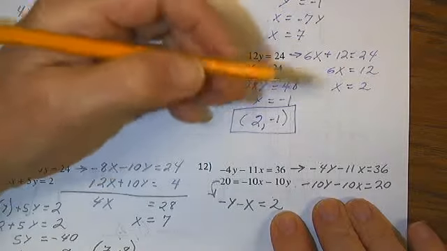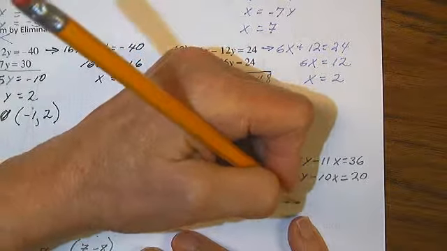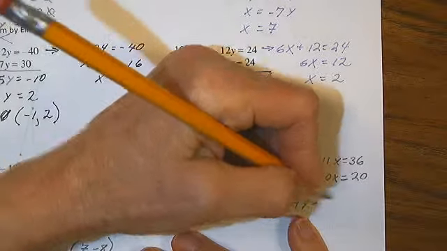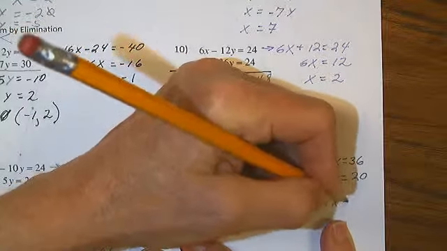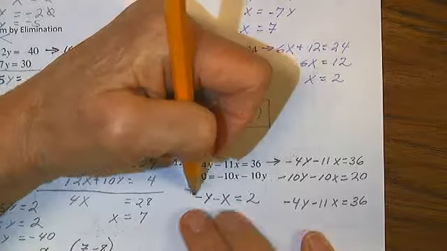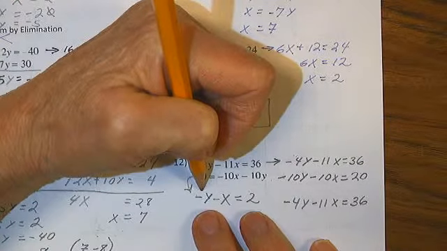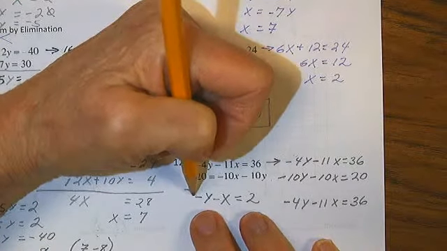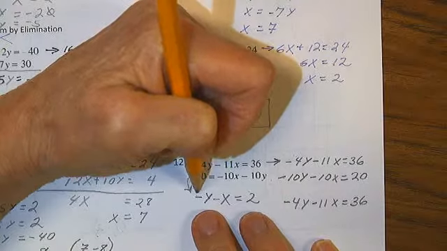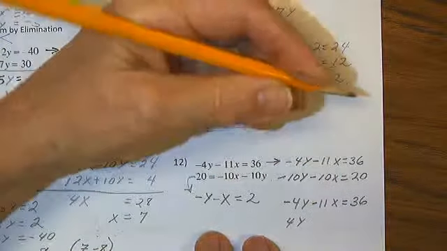So now I have negative 4y minus 11x equals 36. I can multiply this equation by negative 4. Negative y times negative 4 is 4y.